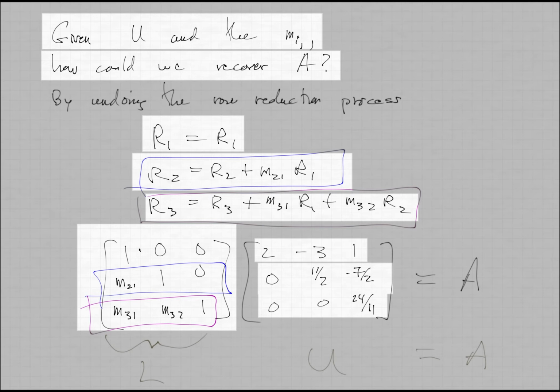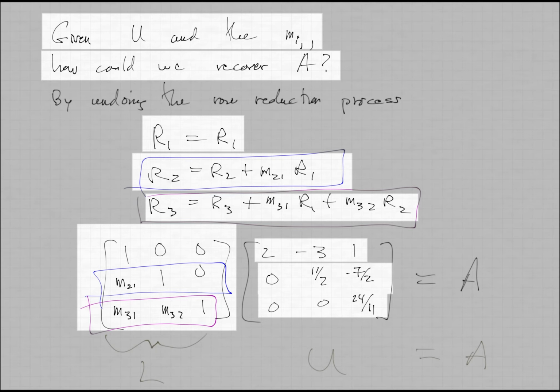For example, when we multiply the first row over here, 1, 0, 0, times this matrix, this says take 0 times the third row plus 0 times the second row plus 1 times the first row. In other words, we just copy the first row from U, and so the original R1 is the same as the R1 in U. No change is required. When we multiply the second row over here times U, we get 0 times the third row, 1 times the second row, so we copy the second row, and then we add in M21 times the first row.